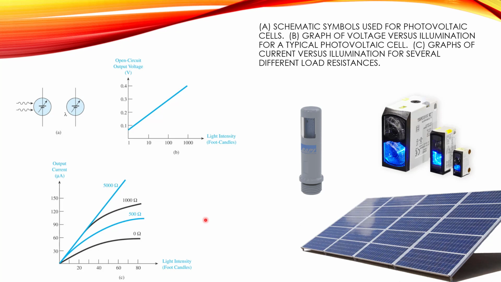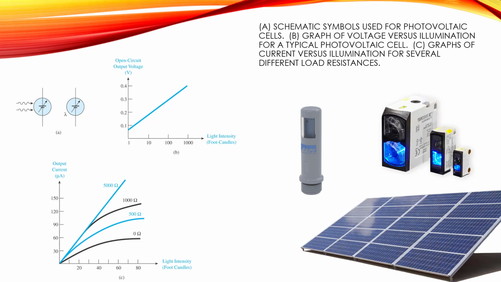I can measure air quality by how many particles are in it. I can use them also just as on-off switches so that when something comes in front of this, blocking the light, my photocell will lose its voltage, and that'll indicate something's there.